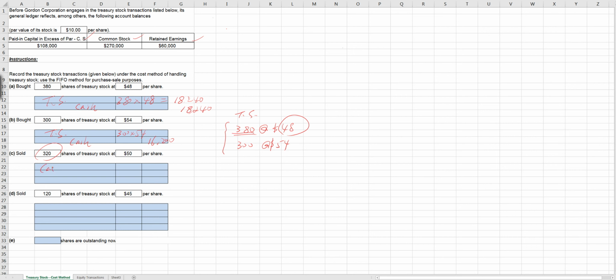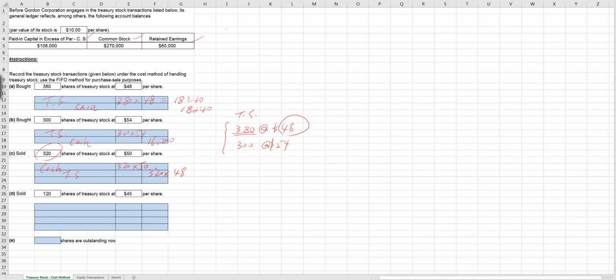So we're going to debit cash for this sale, 320 shares at $50. We're going to measure the cost of the sale, treasury stock, 320 shares multiplied by $48 per share because of the FIFO assumption.